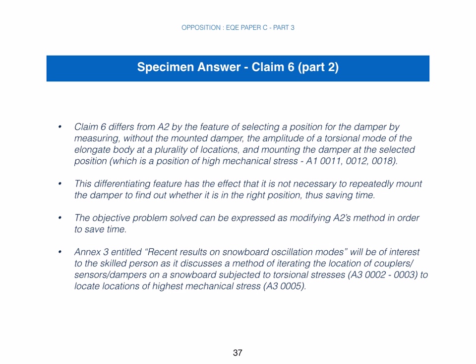This differentiating feature has the effect that it is not necessary to repeatedly mount the damper to find out whether it is in the right position, thus saving time. The objective problem solved can be expressed as modifying A2's method in order to save time.